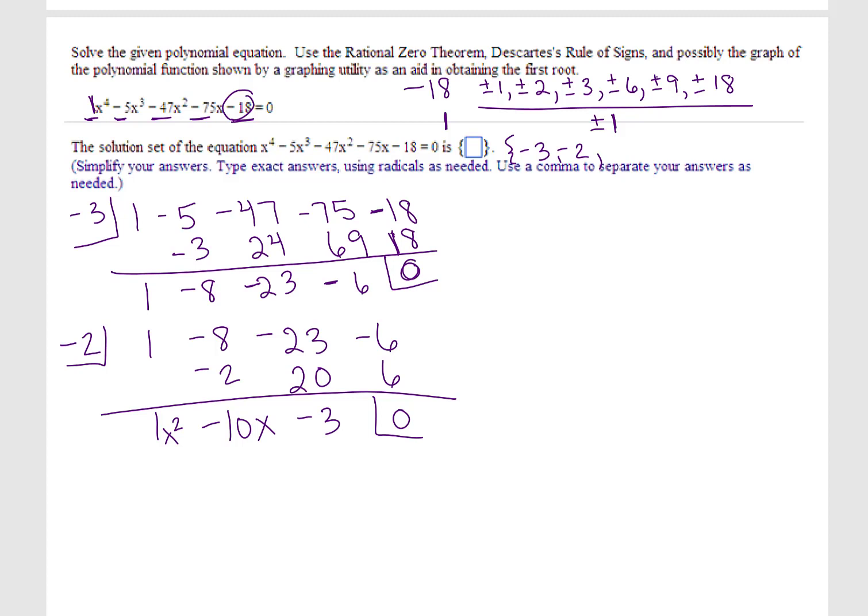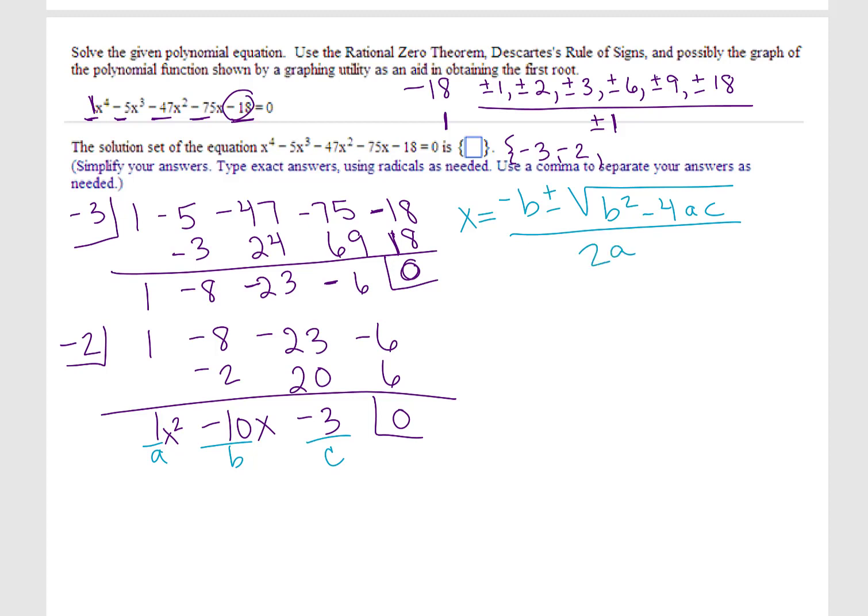Yeah, that's not happening. So I'm going to go ahead and use the quadratic formula. I have my A, my B, and my C. So x equals -b plus or minus the square root of b squared minus 4ac all over 2a.